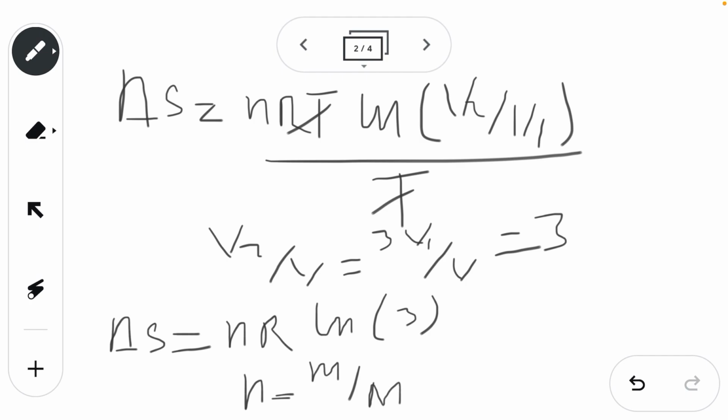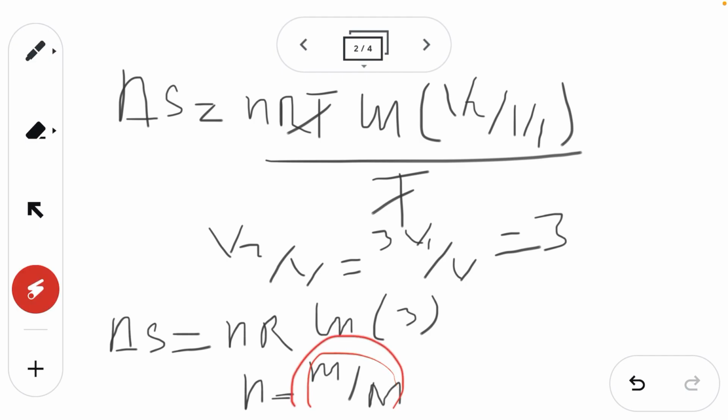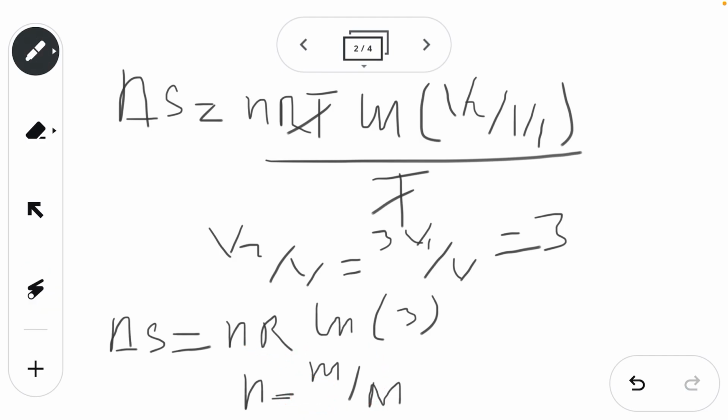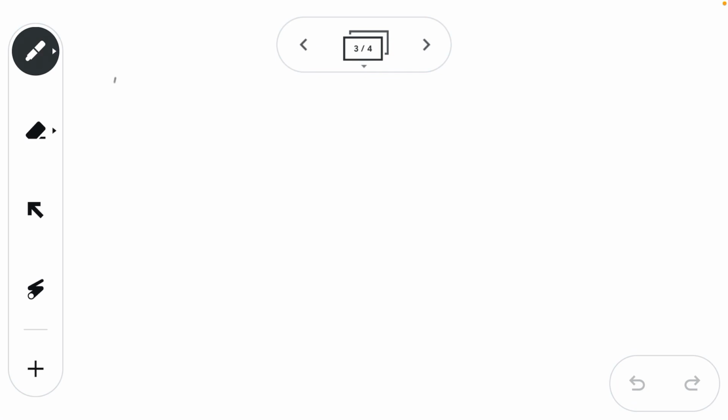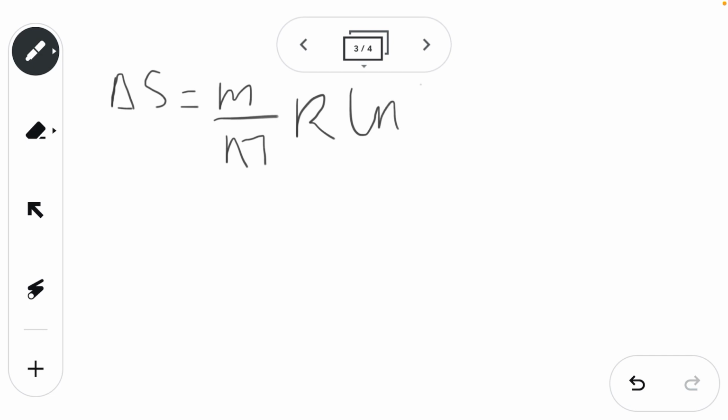So we can substitute this expression for our n, meaning that the change in entropy now becomes mass over the molar mass times R and the natural log of 3.